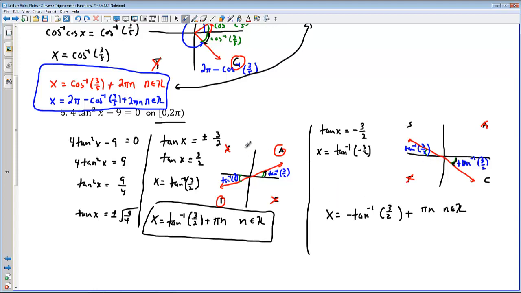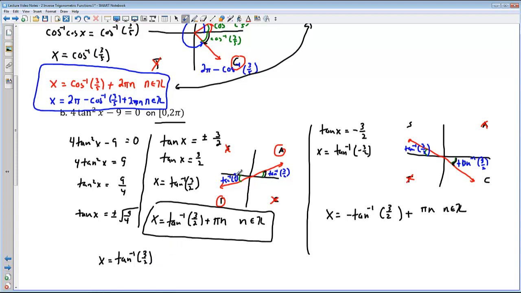So remember, what we need to find now is all the answers between 0 and 2 pi. So what we want to do is simply count them off. We'll have x equals, and we'll let n be equal to 0. And when n is equal to 0, we just get tan inverse of 3/2. Now the question is, is that between 0 and 2 pi? Yeah, it's between 0 and 2 pi.